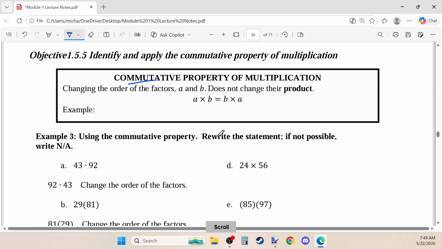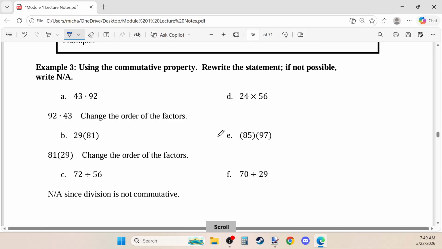We've already talked about the commutative property of addition. They're just saying you can switch the order and get the same values. So we're going to use the commutative property. Notice that division is not commutative. So when we see two things multiplied together, we can switch the order.